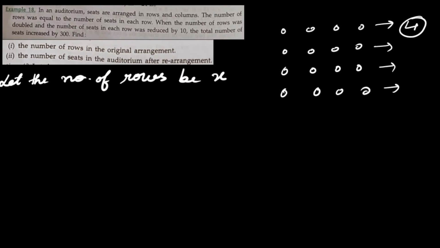That is what we have to find. Now what is happening here? When the number of rows is doubled, the seats in each row are reduced by 10. The total number of seats increases by 300.